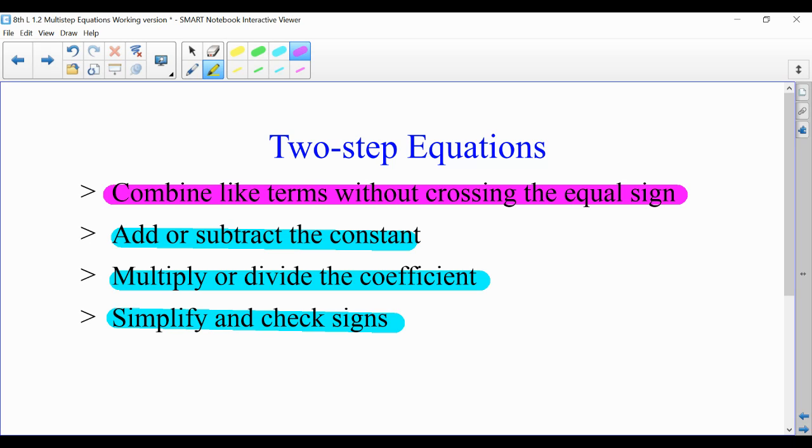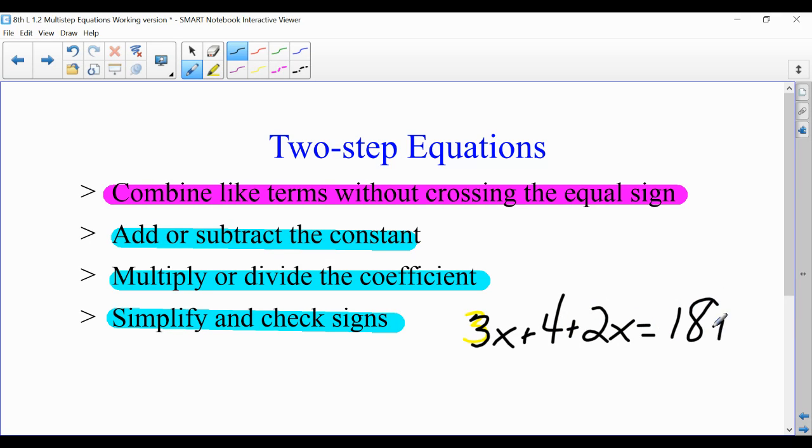And that is combine like terms without crossing the equal sign. So when we do this, if you have an equation that has a lot of items in it, let's go to black. 3x plus 4 plus 2x equals 18 plus, let's just say there was an x on this side too, because we will be doing ones like this in the future.